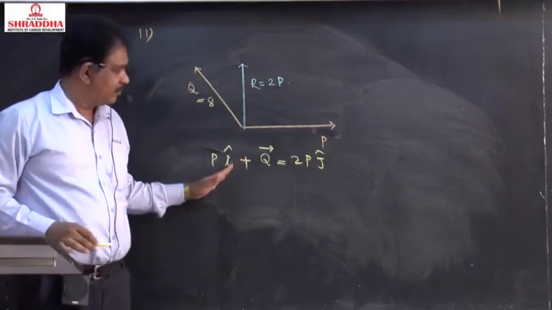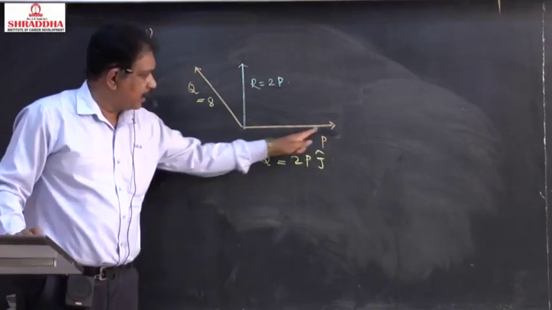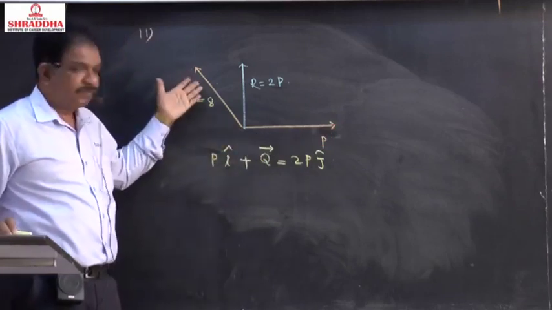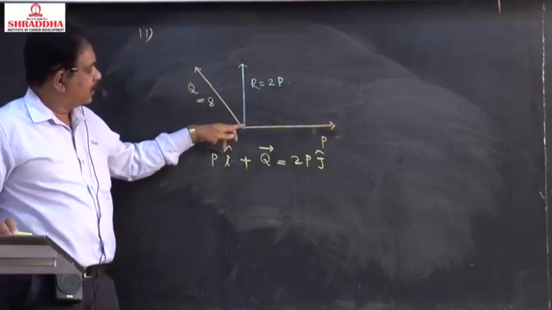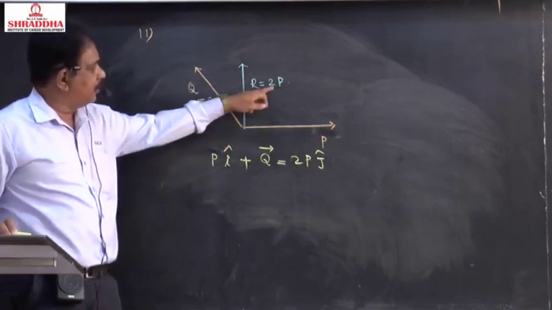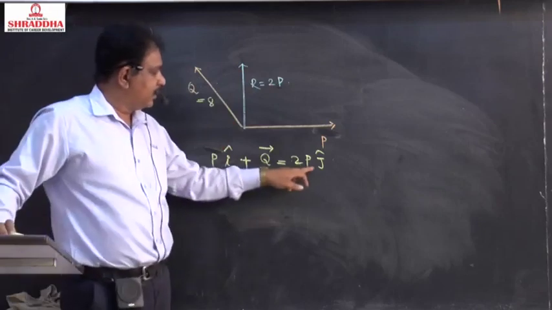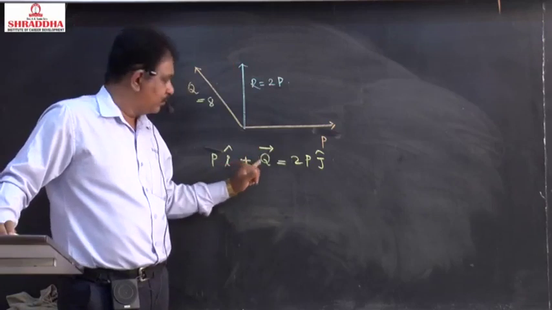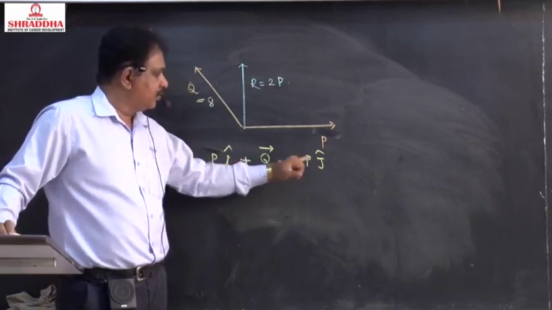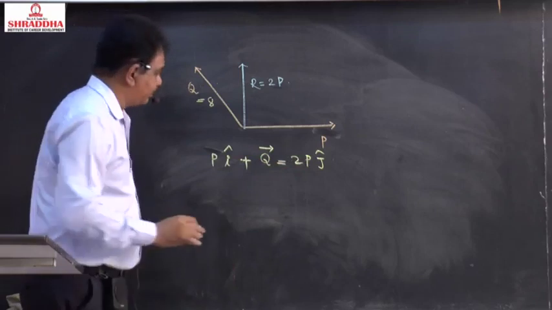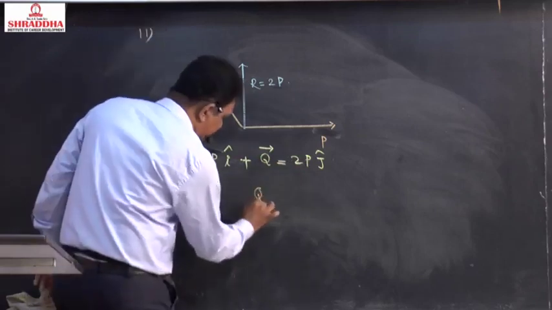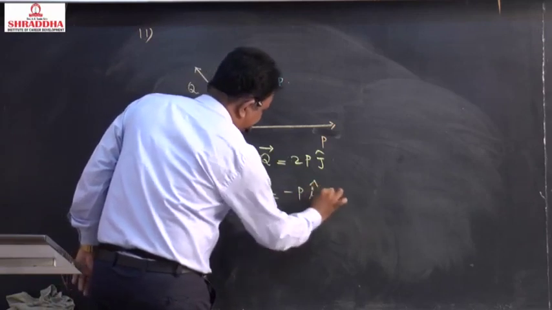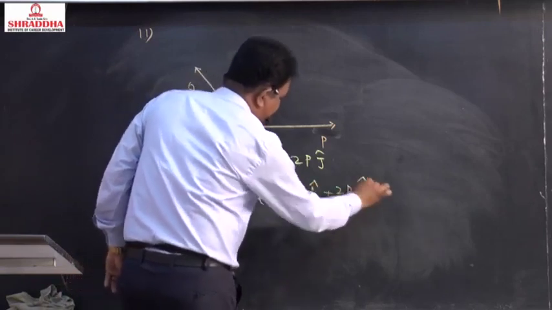Is it clear? P bar is along the x-axis. Q bar, in which direction we don't know exactly. But the resultant of these two will be equal to 2p, that is along the y-axis. So p i cap plus q bar is equal to 2p j cap. Then q bar is equal to minus p i cap plus 2p j cap.